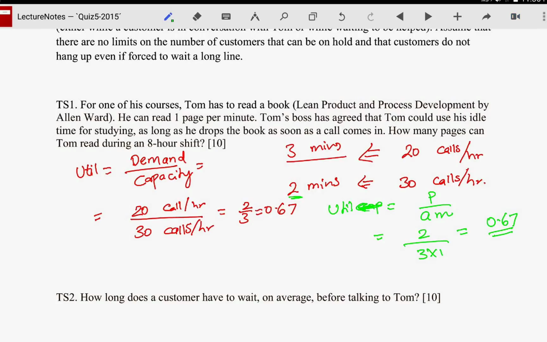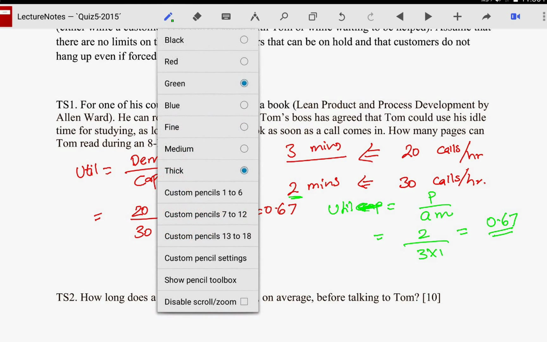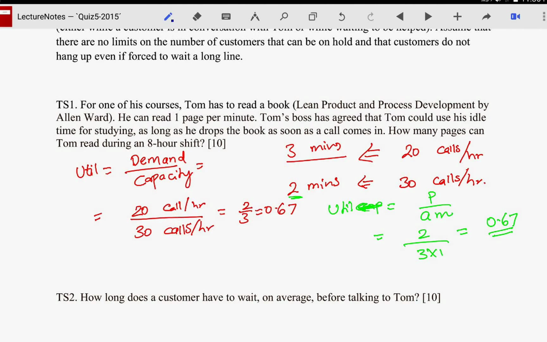All right, after you have found the utilization is 67%, what can you do? Okay, let's change the color here. What you can do is, well, think about this. In an 8-hour shift, he's utilized 2/3 of the time, right?